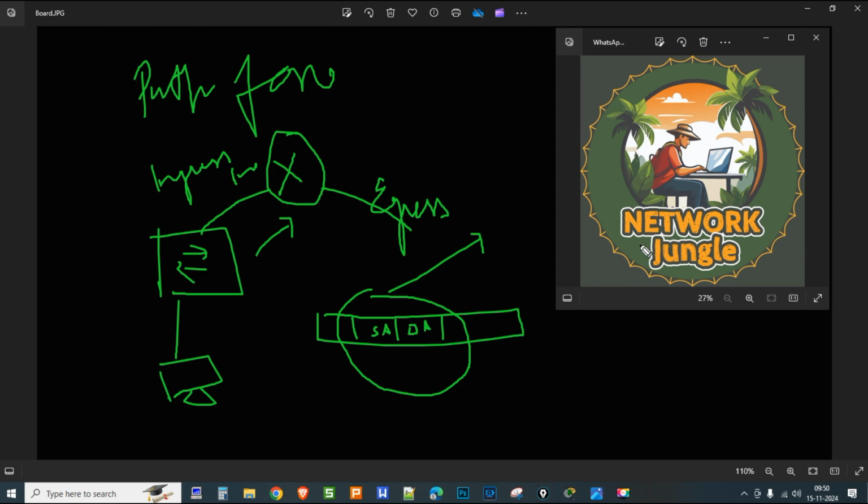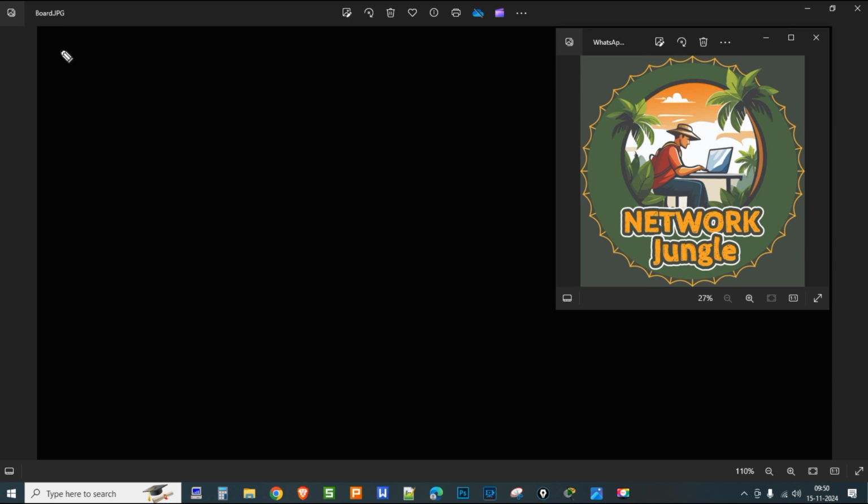Packet forwarding mechanism contains three types of categories. We can see them one by one. First one is process switching.